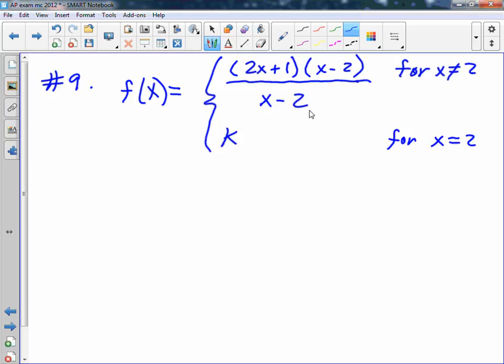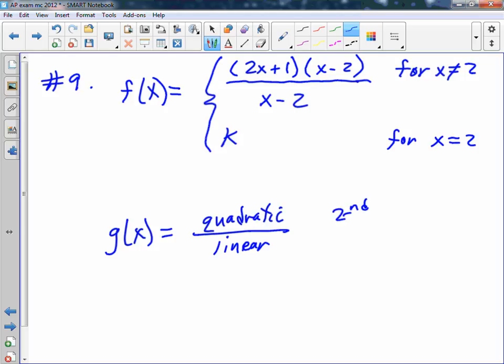It is a linear, and it's one of those sneaky linears, because the numerator up here, let's just say g of x equals this. The numerator is a quadratic divided by a linear, in other words, a second degree polynomial on the numerator and a first degree polynomial in the denominator, and that equals a first degree, or a linear.